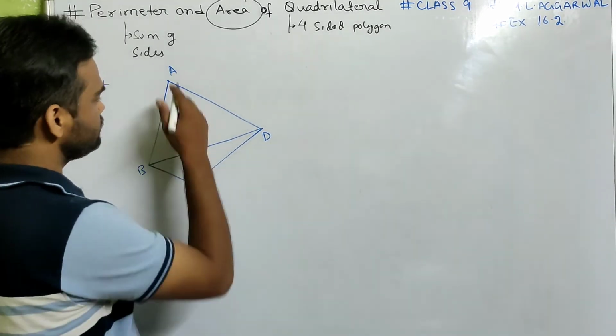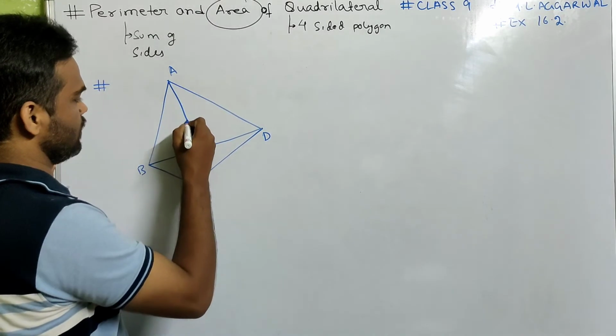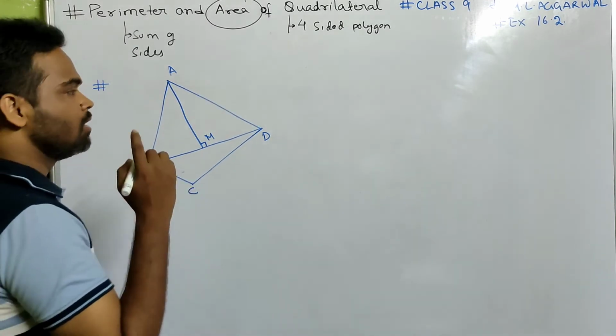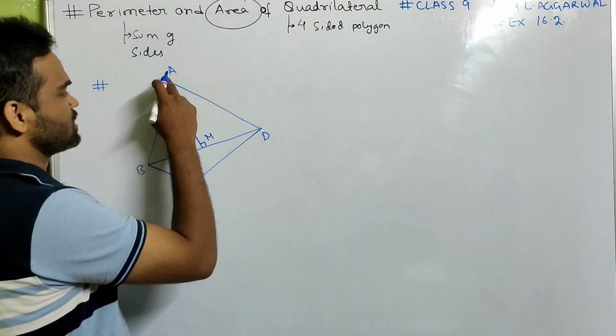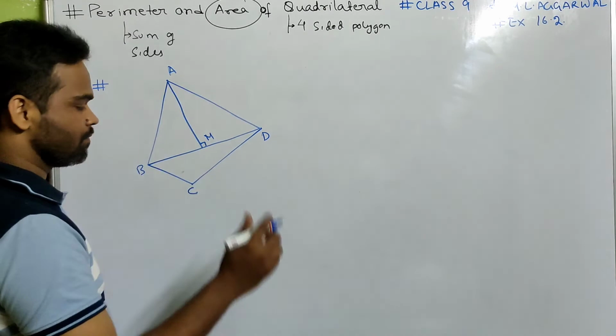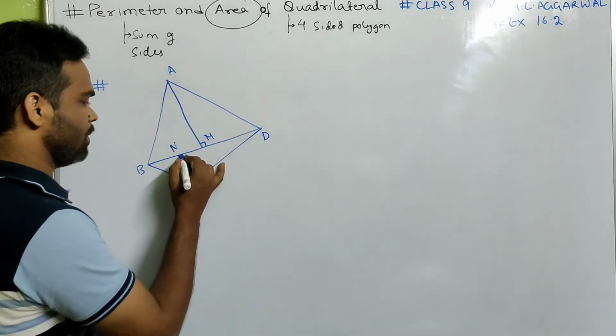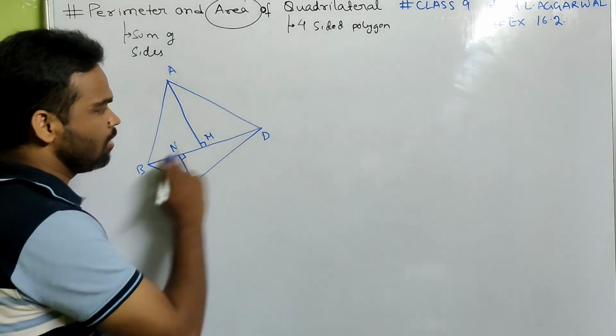Now look carefully. Suppose AM is the altitude, the perpendicular from vertex A to the diagonal BD, and CN is the perpendicular from C on BD.